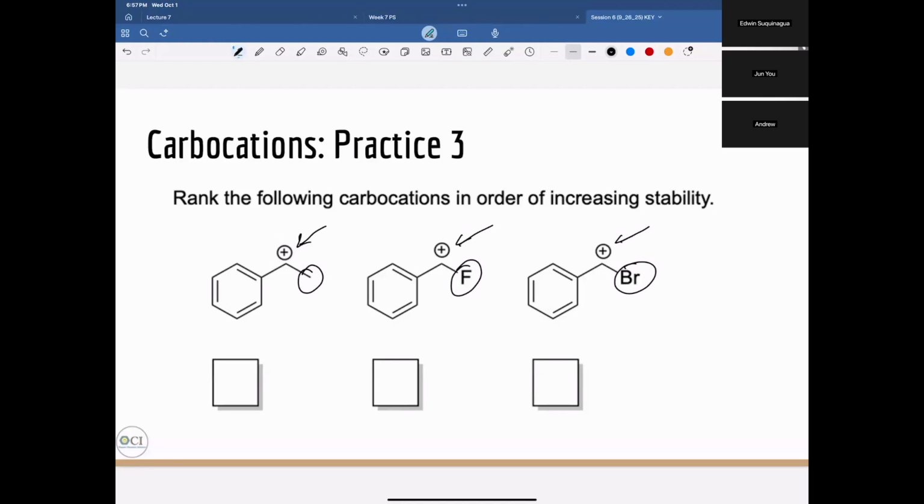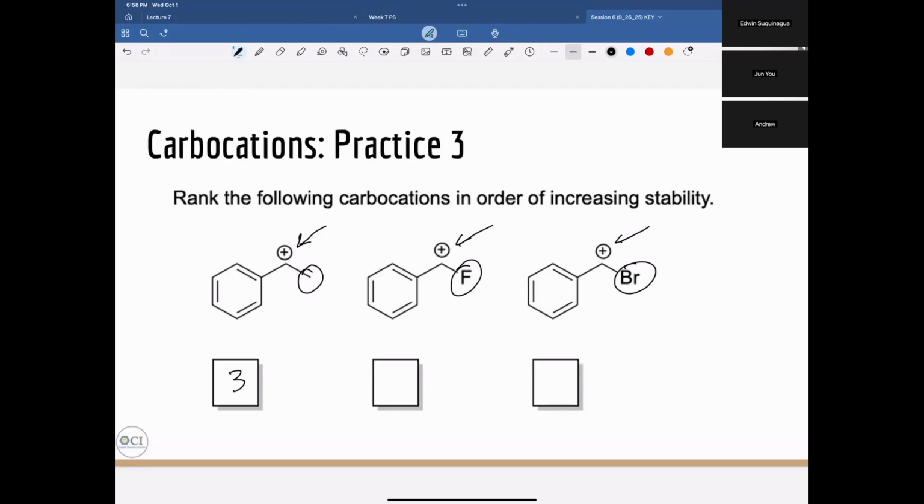Since this one's bonded to a carbon, we already stated that carbons can participate in hyperconjugation and stabilize the positive charge. So that would make it the most stable, which is 3. Between these two molecules, fluorine and bromine, fluorine is much more electronegative than bromine.